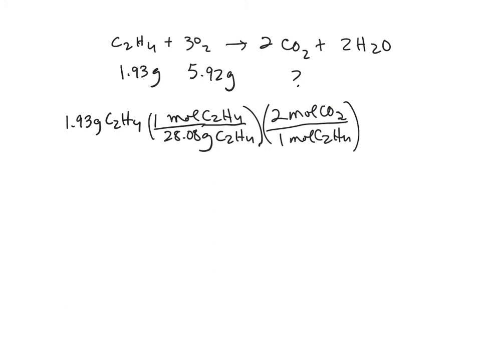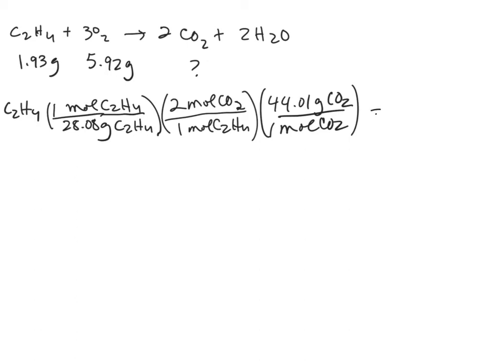Now we go to grams, so you use 44.01 grams CO2 for every 1 mole of CO2, the molar mass. This one turns out to be 6.05 grams of CO2.